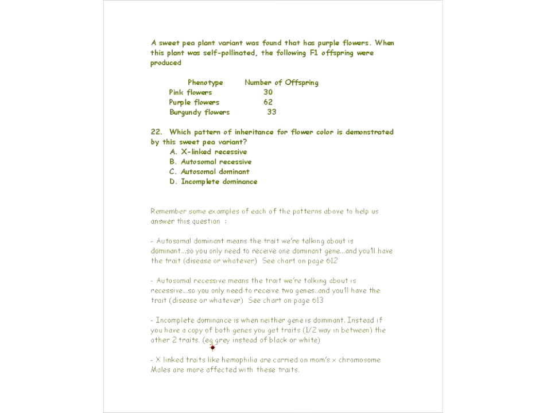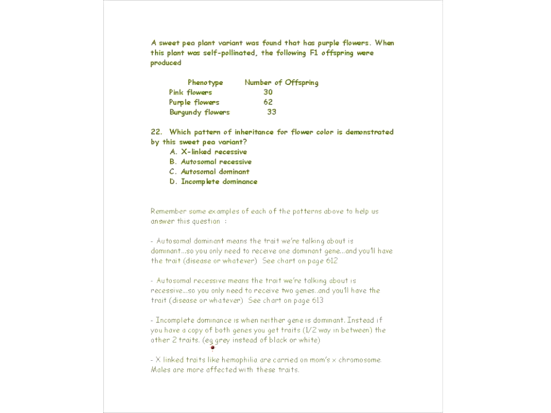And X-linked traits, you remember back to hemophilia, they're carried on the mom's X chromosome. And males are more affected with these traits, and you remember what the reason is? It's because the female can have one of the recessive genes handed to her. So for instance, if it's hemophilia, she's got an X little h, but as long as she's got an X big H, that gene is covered by the dominant, normal gene.